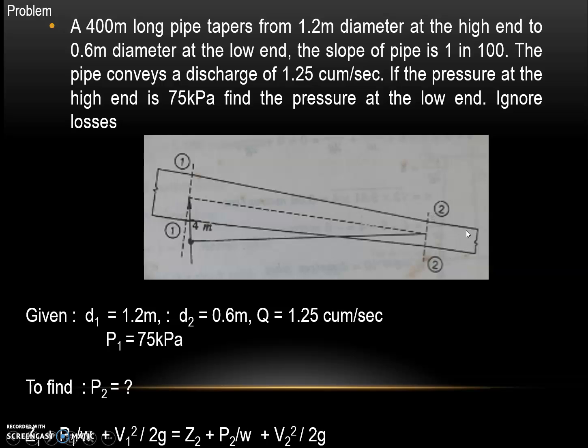Since H1 has to be equal to H2, H2 can be written as Z2 plus P2 by W plus V2 square by 2g. In this equation, all the data are known except P2. So we need to find out P2.